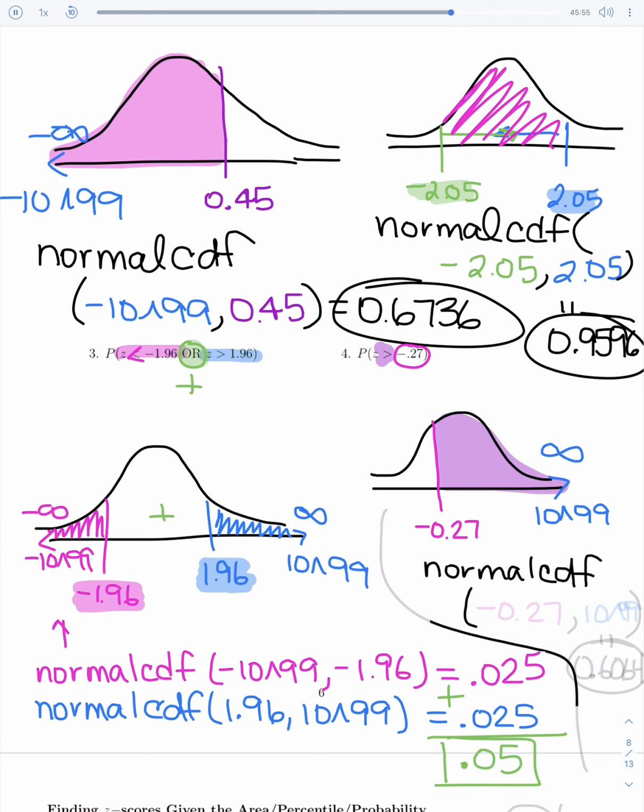And just like before, it starts at a negative 0.27 and comma ends at, we're going to say 10 to the 99th because we can't say infinity. And then we'll close that off and have our calculator figure out what that value is for us. So that gives us 0.6064 as our probability or area to the right there.